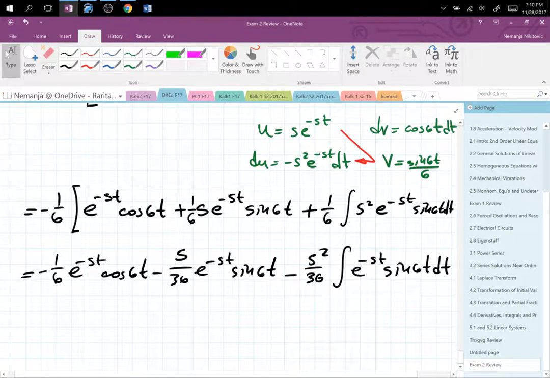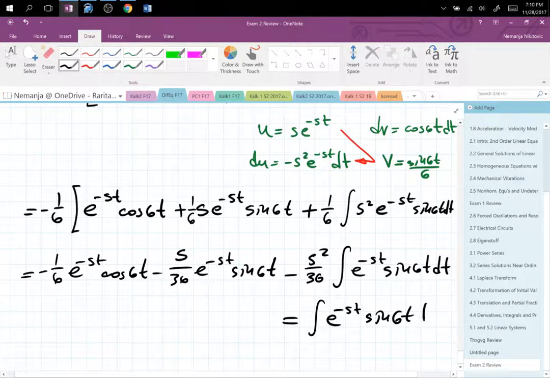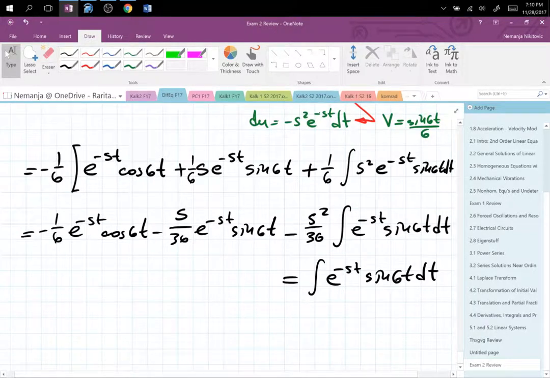Now all of this was equal to the integral of e to the negative st sine 6t dt. So that means that we take this term here and move it to the other side.